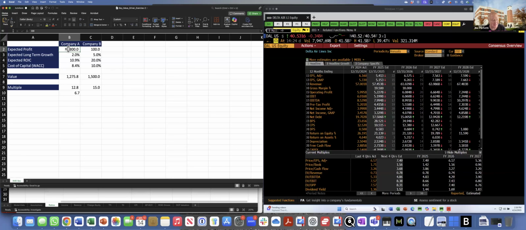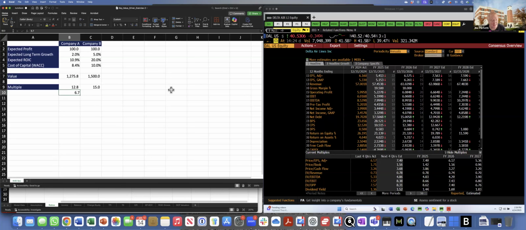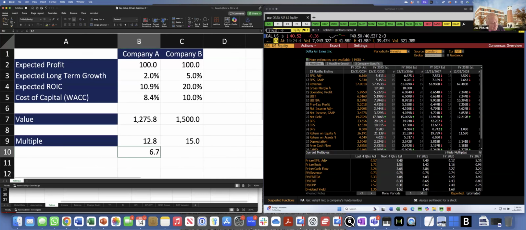But the point is that this number doesn't matter. The question is, how do you get to 6.7? So you tell me. I want to make that number 6.7. Right now, in the key value driver formula, blow it up even more, I want this number to be 6.7. How do I get it to 6.7 by changing these numbers?